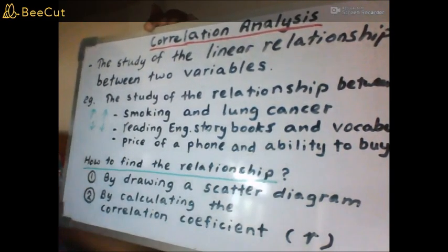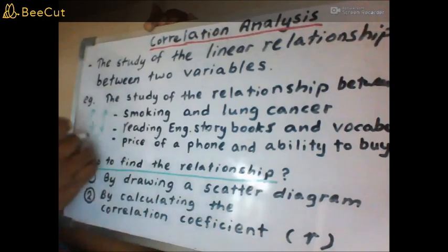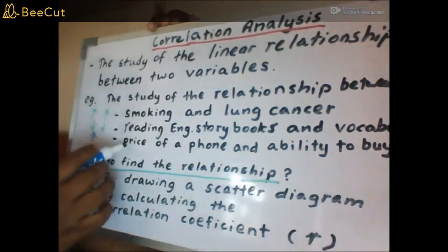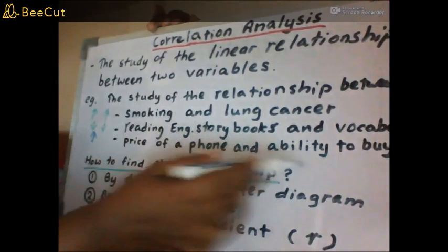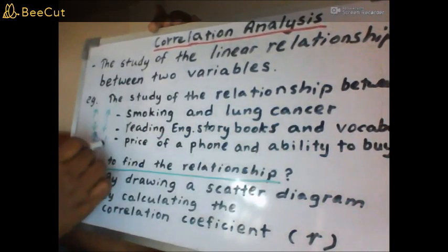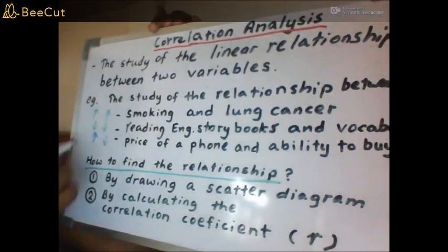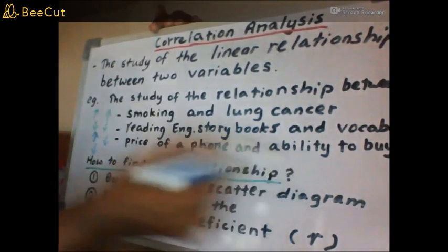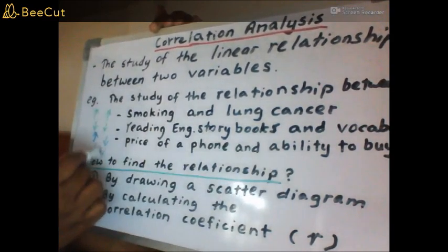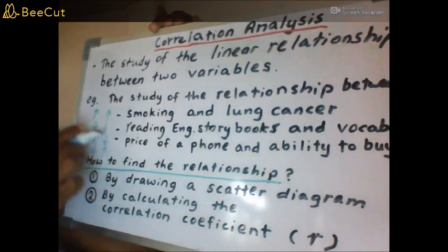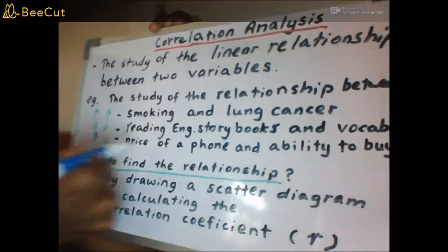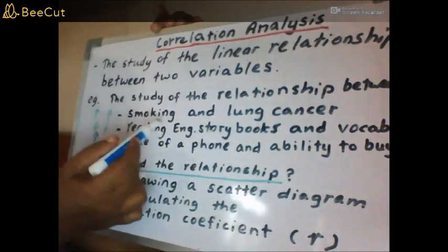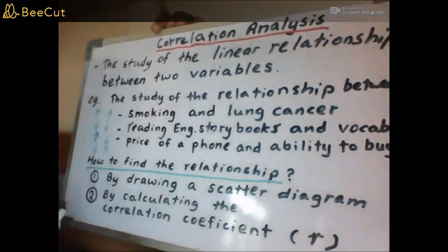You can see if the price increases, what will happen to the ability to buy? It will decrease. If the price decreases, the ability to buy the phones increases. There's this kind of relationship between these two variables.